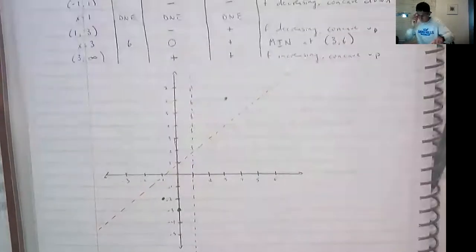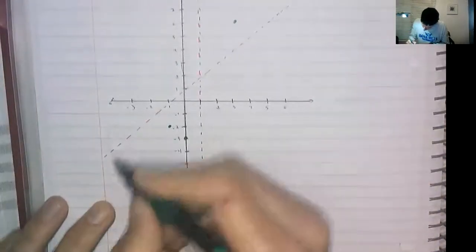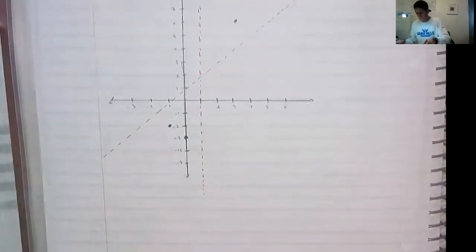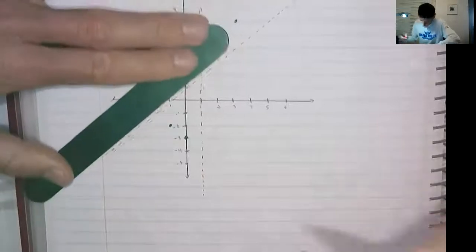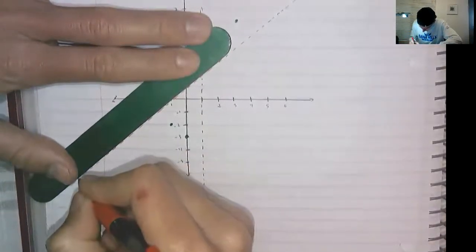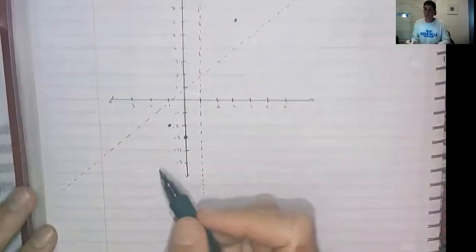Okay. So let's go left to right here. We're going to be increasing, and let me extend this too. The oblique asymptote: we are going to be approaching this line as x gets really, really small and x gets really, really big. So our curve should reflect that.